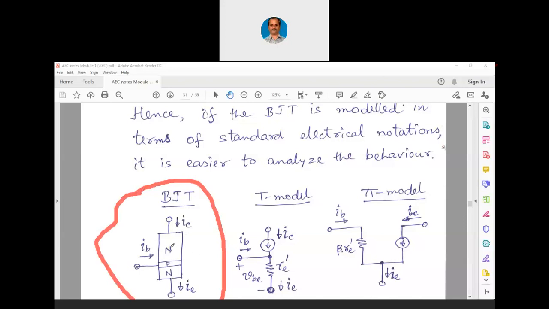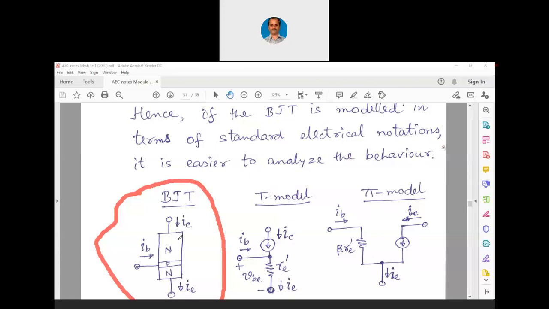In general, in the textbooks, you will see all NPN generally written with equal area. Unless the authors take care of writing the diagram as per the construction of the transistor, normally the textbook authors sometimes make these mistakes.